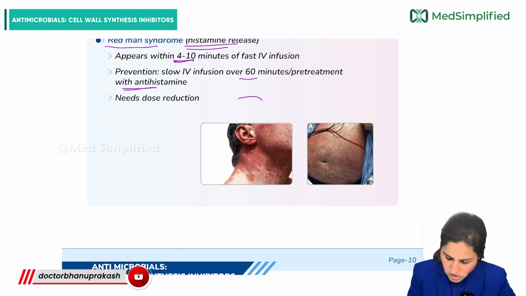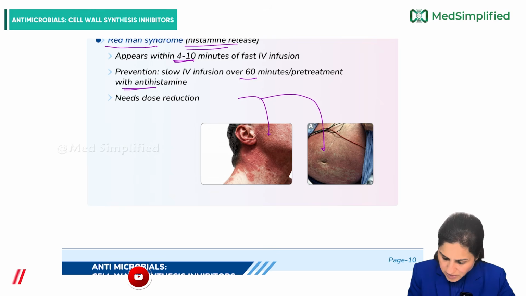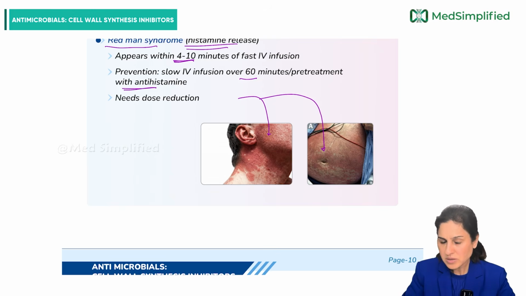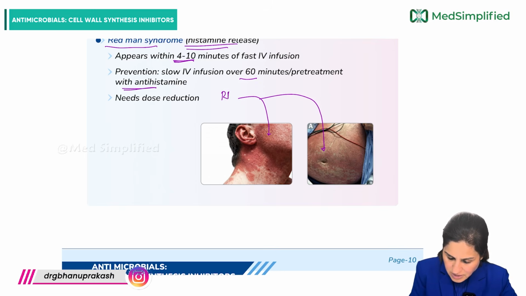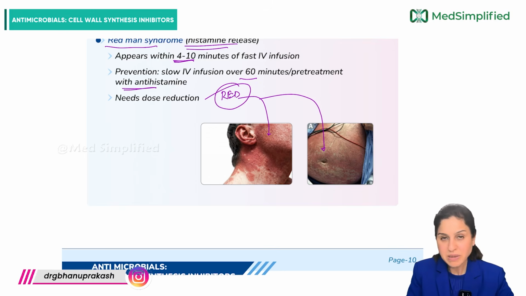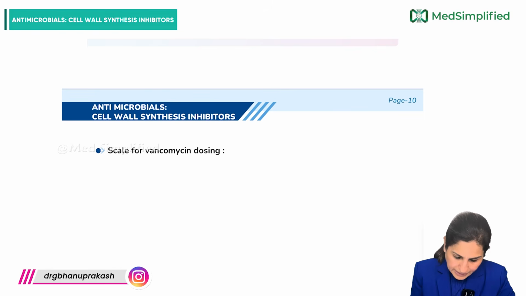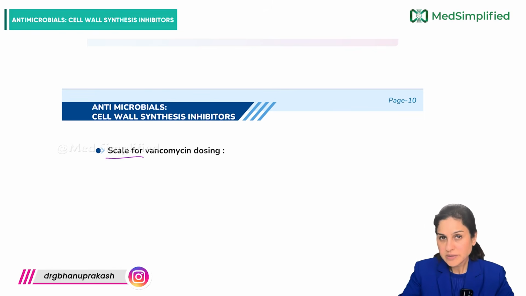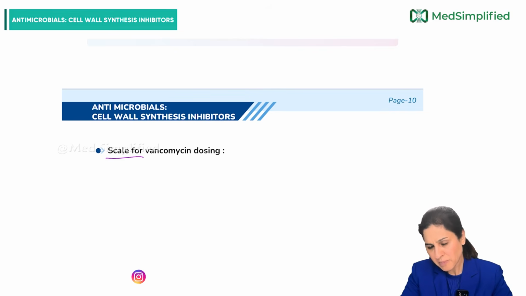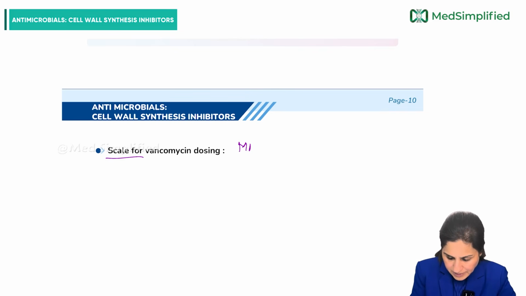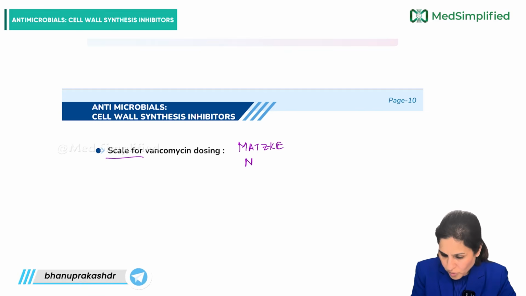So you see the redness: the whole patient, he or she, turns red. This is called red man syndrome. It can be an image-based question as well. Then lately it was asked what is the scale for vancomycin dosing. So just remember the scale. It's called the Matzke nomogram scale.